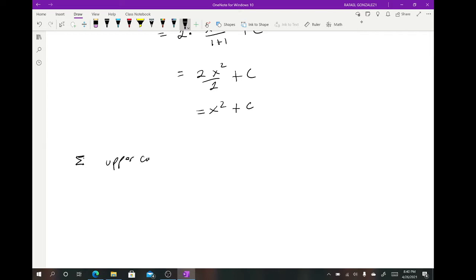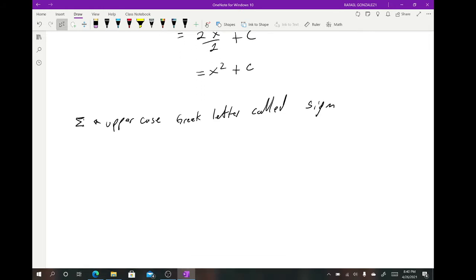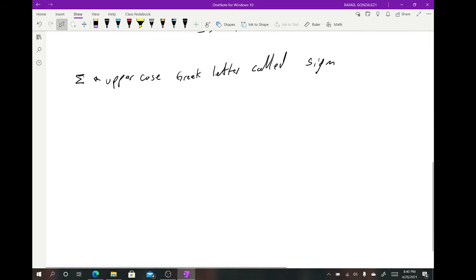So this is an uppercase Greek letter called sigma. That's what that is. Now, what we're going to use for this section is called sigma notation.